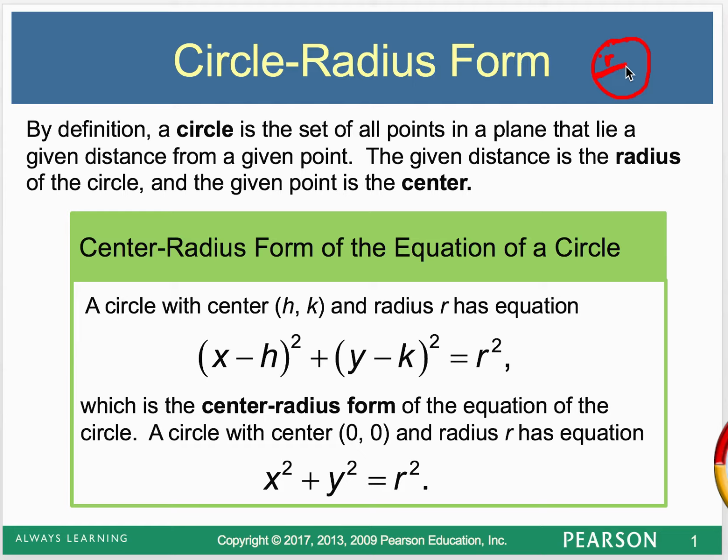And if I know the coordinates of this point, which we're going to call (h, k), then I can use the distance formula, right? Remember how the distance formula looked? It looked just like this, except because we didn't want the distance to be squared, we just put a square root over it, right? So it's the same formula.